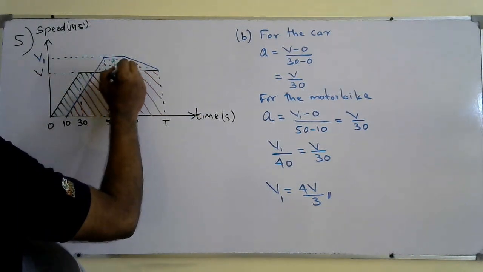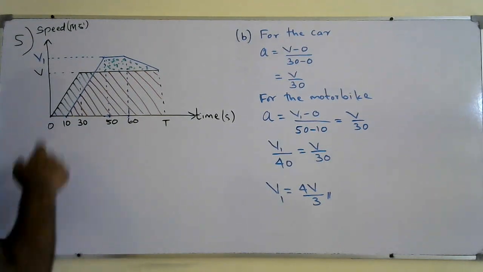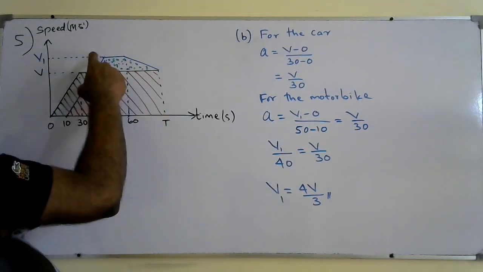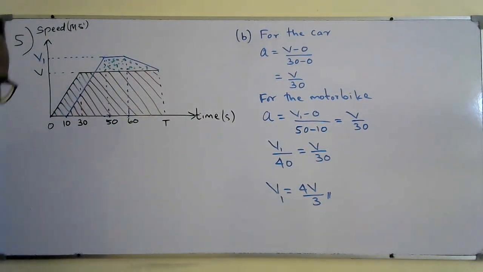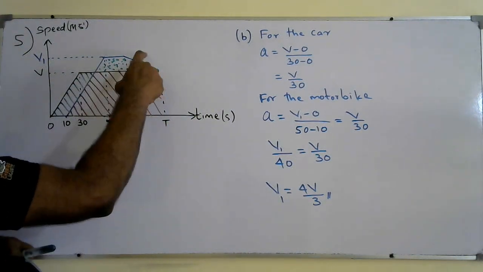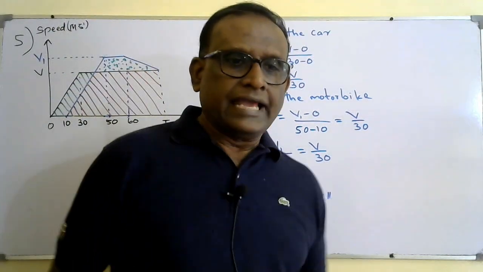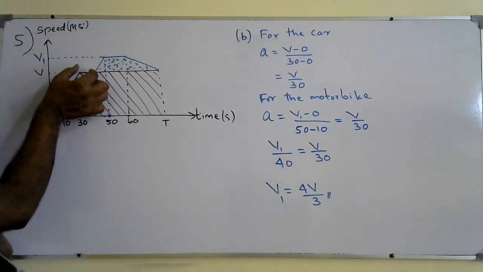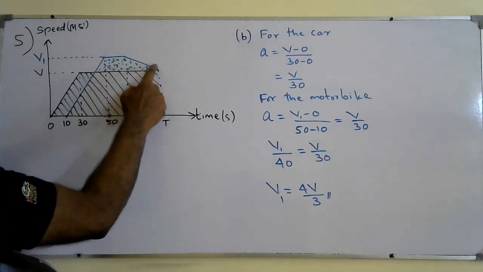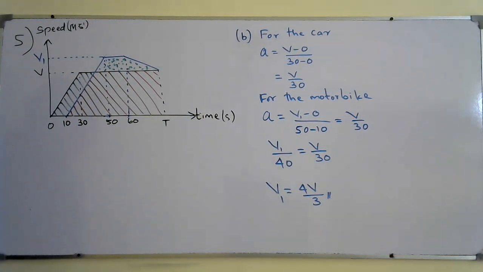So by equating them, I can get the value for capital T. If you want, you can find the area of the black color trapezium, which we have already found, and the area of the blue color one. But I want to equate the area of the parallelogram and the area of the trapezium I drew with green color dots and stripes.